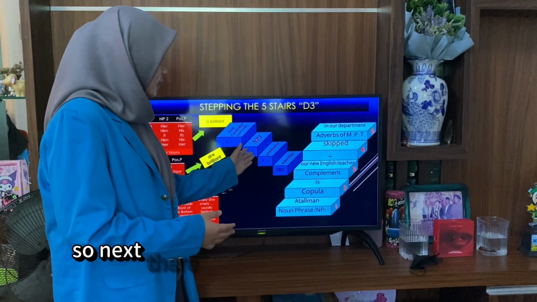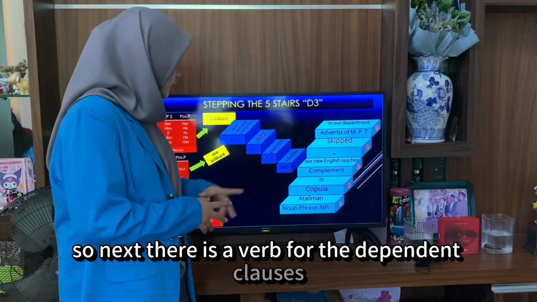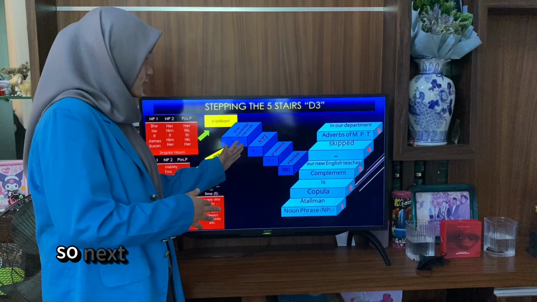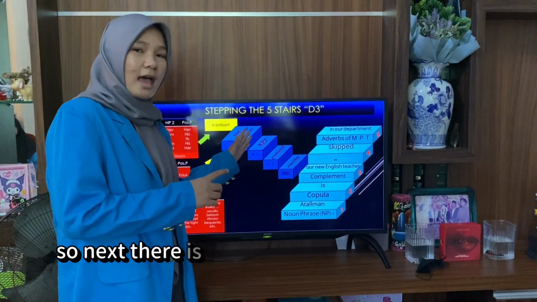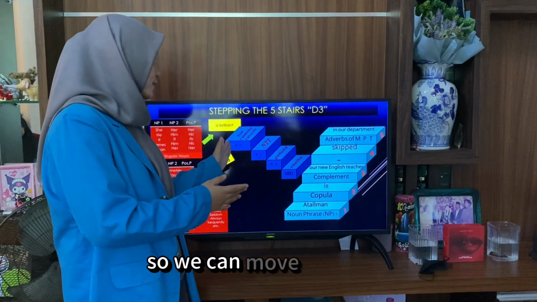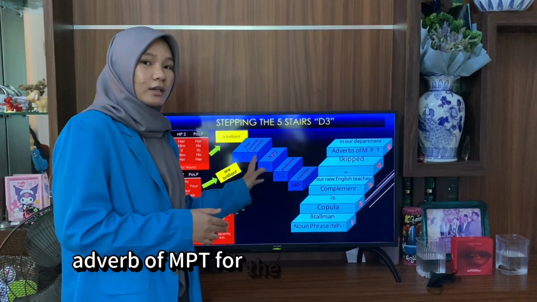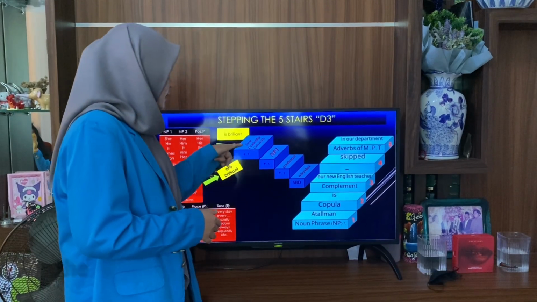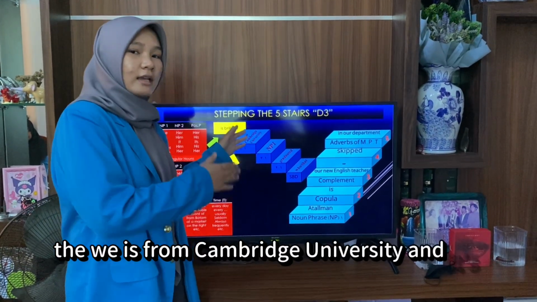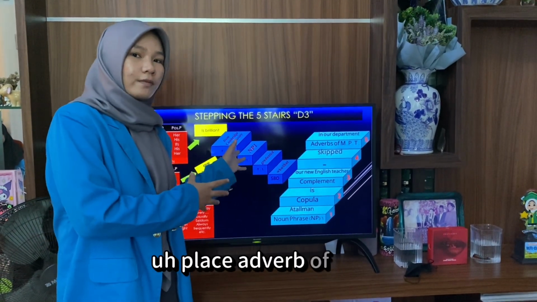Next, there is a verb for the dependent clauses. We use graduated. Next, there is NP1. There's no NP1 in here, so we can move to the adverb of place for the dependent clauses. We use from Cambridge University, and it describes a place, adverb of place.